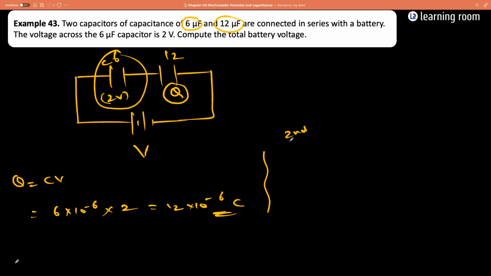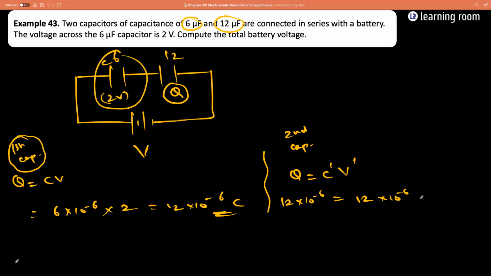Having said this, the charge here is also supposed to be the same. So this is across the first capacitor. Across the second capacitor, Q is equal to C dash into V dash. The value of Q is 12 into 10 power minus 6, equal to C dash, which is 12 into 10 power minus 6, into V dash. 12 and 12 will get cancelled. So V dash is equal to 1 volt, right?